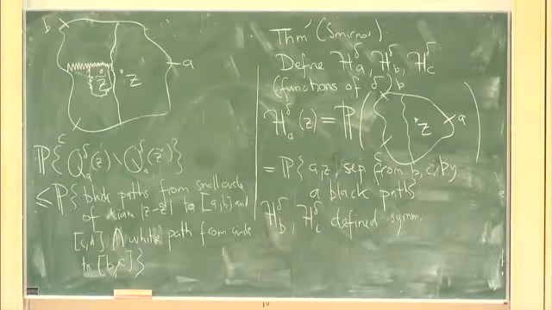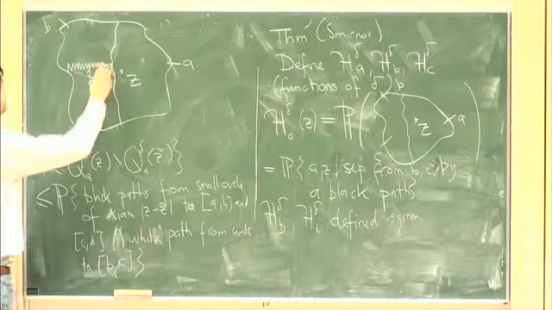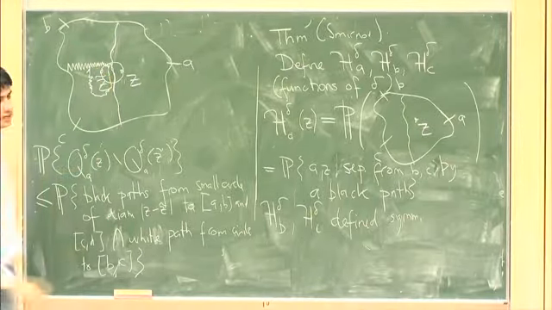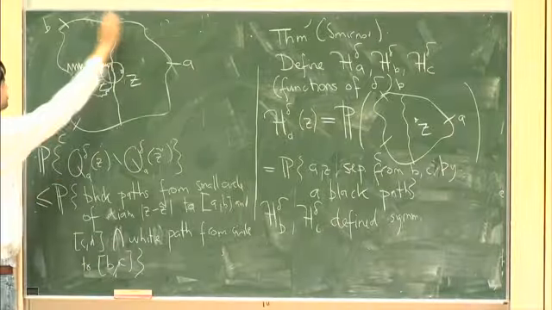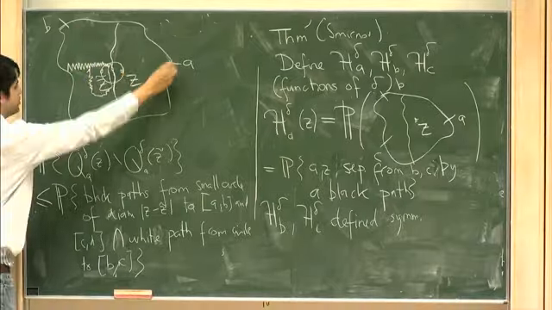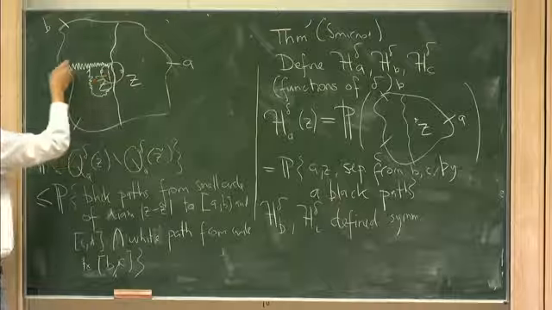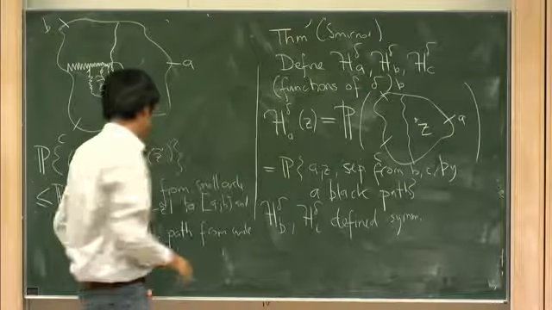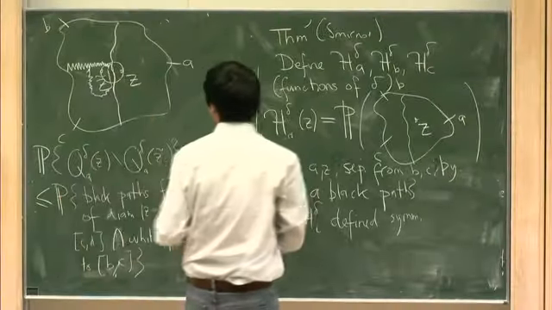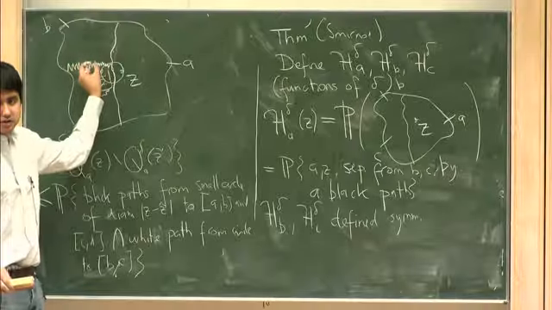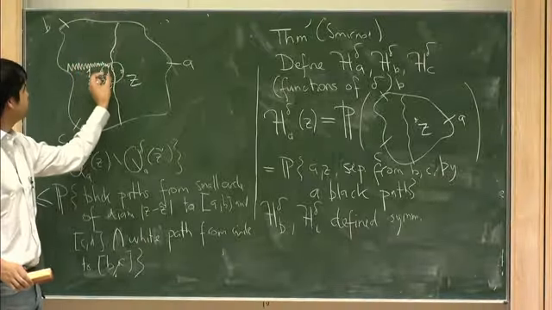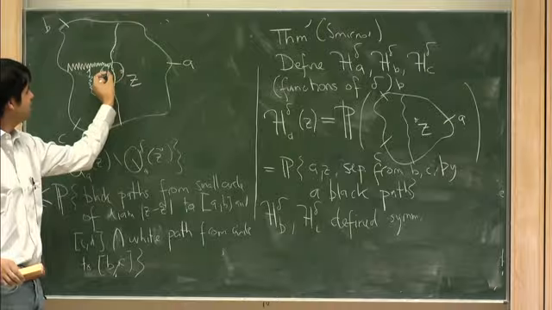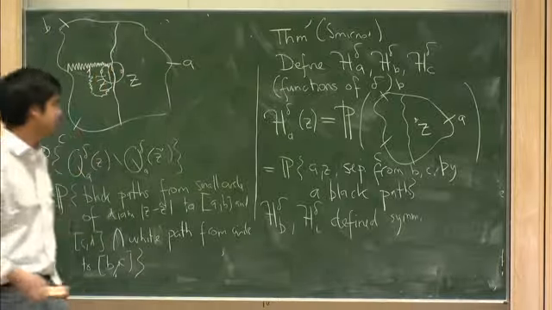Okay? So it means there are lots of paths. Basically, this little circle here is linked to both these sides by a black path and to that side by a white path. So this seems fairly unlikely if Z and Z tilde are close to each other. It means that you've managed to connect a very small circle to all three sides.